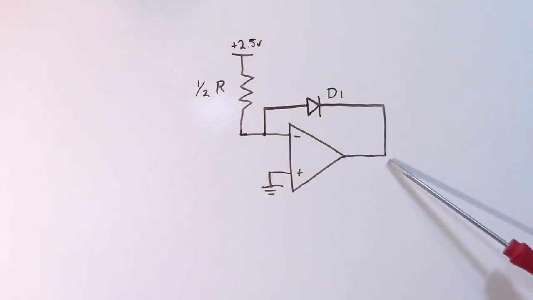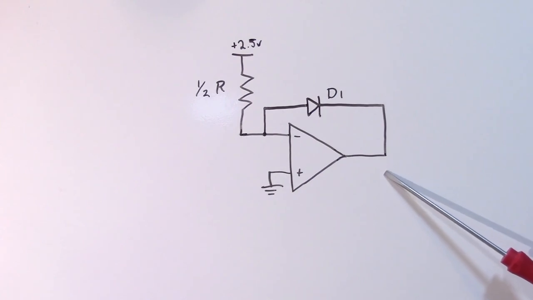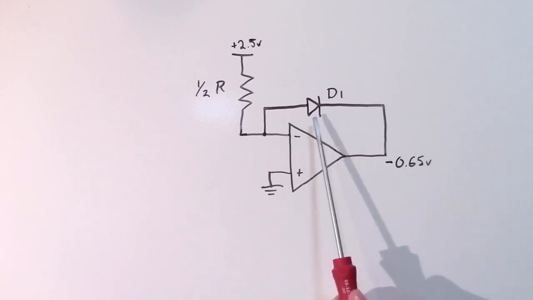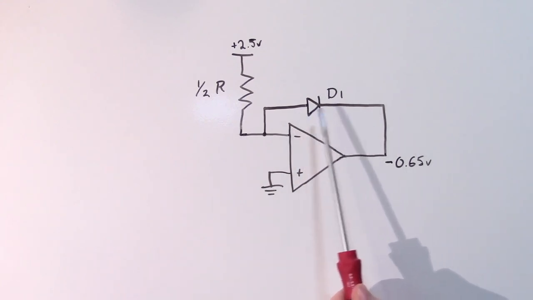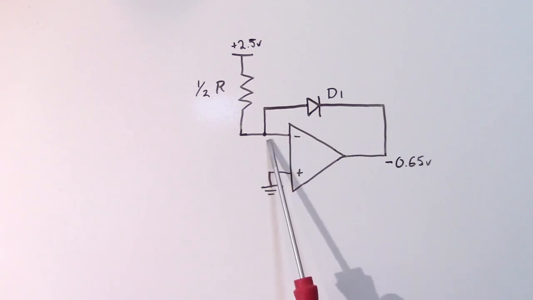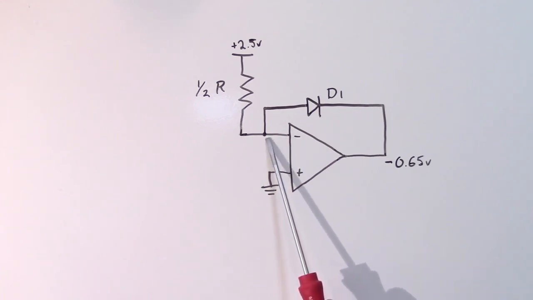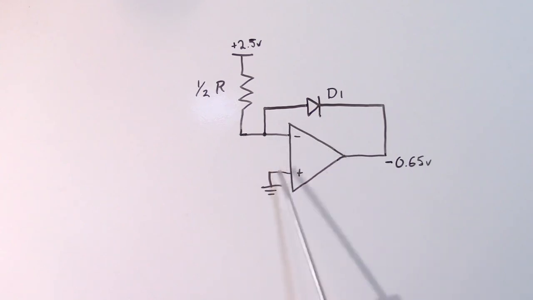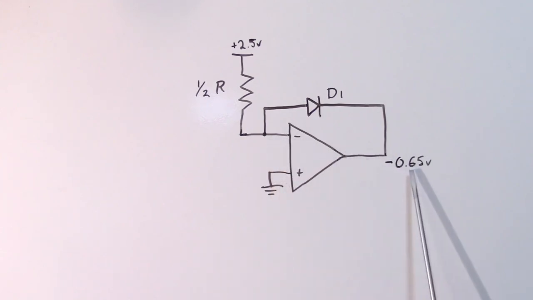So what's going to happen is this is going to drive down to about negative 0.65 volts. And at that point, because there's going to be a 0.65 volt drop across the diode, the input here is going to be held at a fixed 0 volts. So the op-amp is happy, both of its inputs are at 0 volts, and it's just going to stay here with an output of negative 0.65 volts.